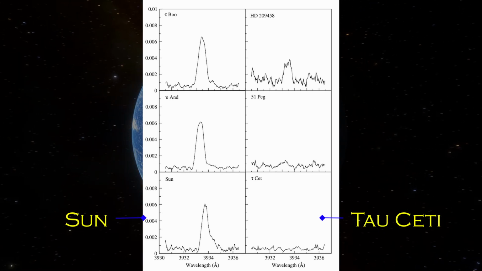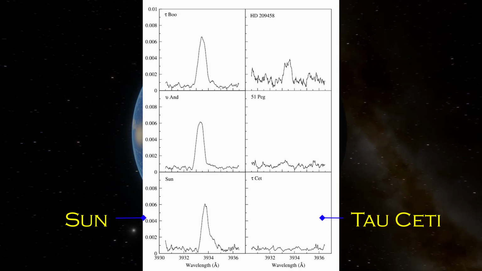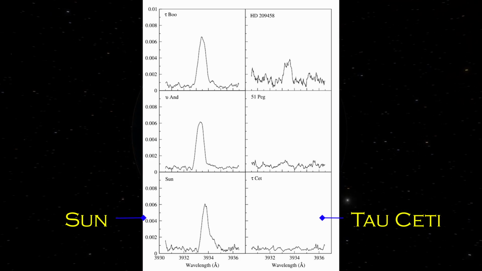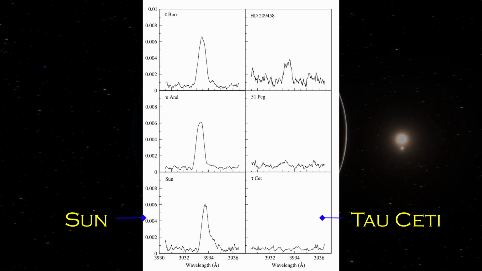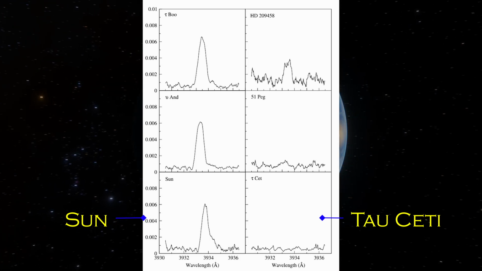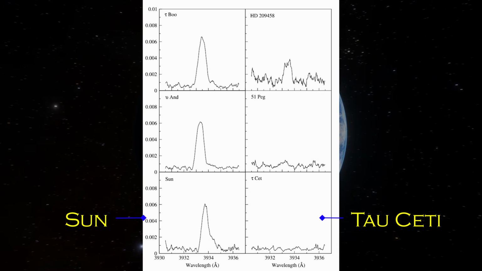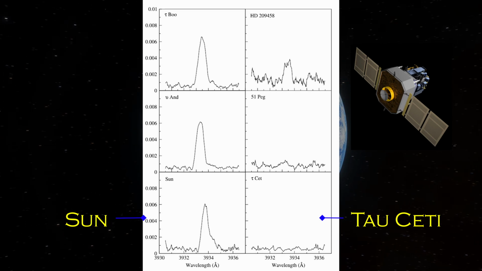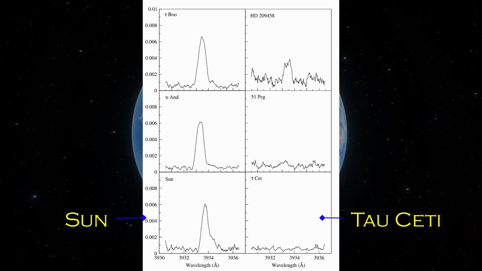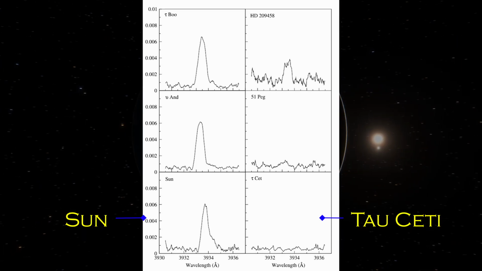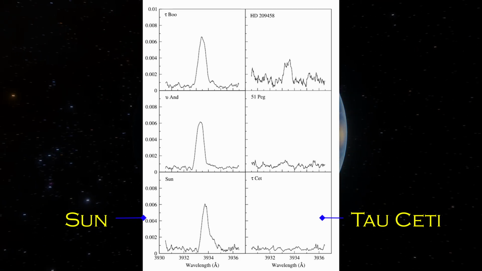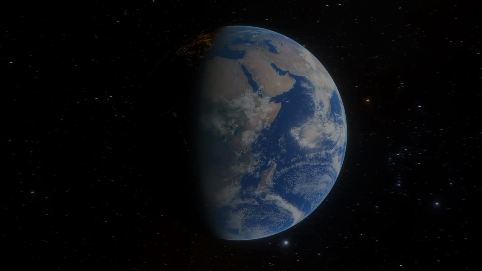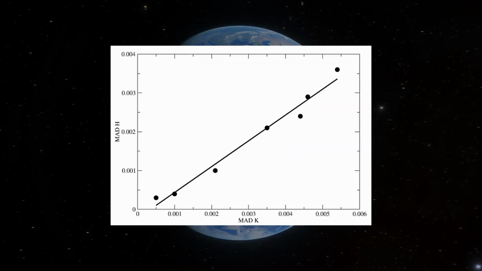The bottom two panels are for the reference stars, Tau Ceti and the Sun. Now I know the Sun doesn't have a giant planet close by with a magnetic field. The increased deviation observed there was due to coincidental sunspot activity, which the authors confirmed after consulting the Michelson Doppler Imager on board the Solar and Heliospheric Observatory, or SOHO. So you can see that stars with close-in large planets exhibited increased chromospheric activities. A strong coherence between the deviation of the H and K lines can be observed in this plot here for each star.